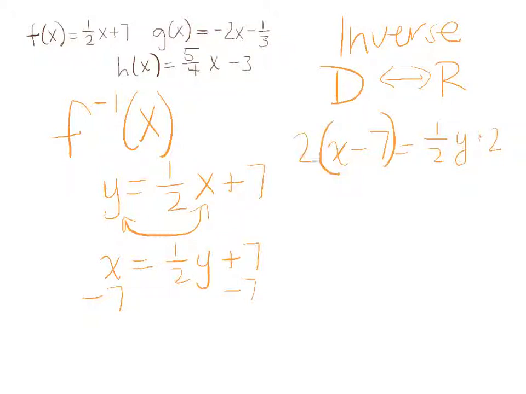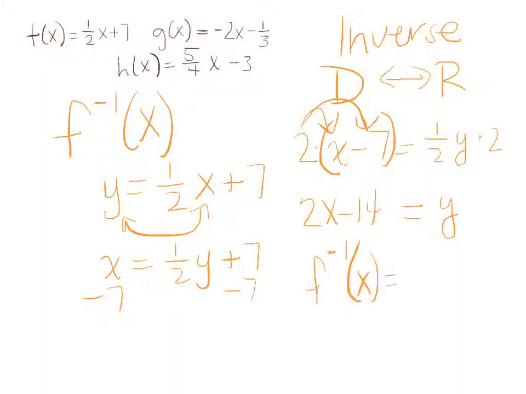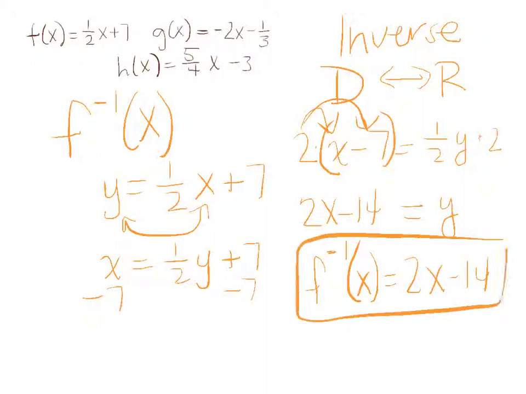And when I do that, I need to multiply the whole left-hand side by 2, not just the x. So that's going to give me y equals 2x minus 14 if I use the distributive property here. And then the very last step is to rewrite the y as f inverse. So the inverse of the f of x function is 2x minus 14.